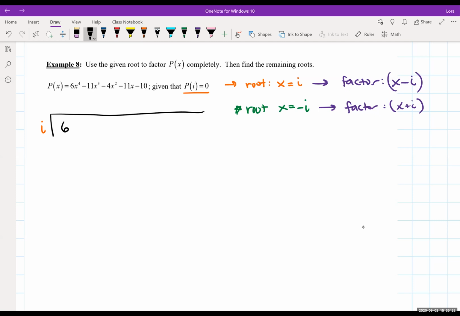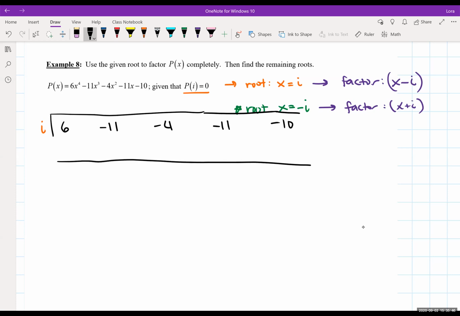So 6, negative 11, negative 4, negative 11 one more time, and negative 10. I am exaggerating the separation, but you will see why in a few seconds. So just double check we rewrote all the signs correctly. And we have. So I'll draw my bar underneath my synthetic division.